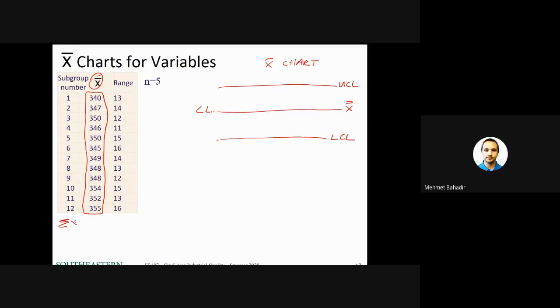Sigma X bar is 4,184. And from that, X double bar is 4,184 divided by the number of subgroups, which is M, right? 4,184 divided by 12, and this is 348.7.